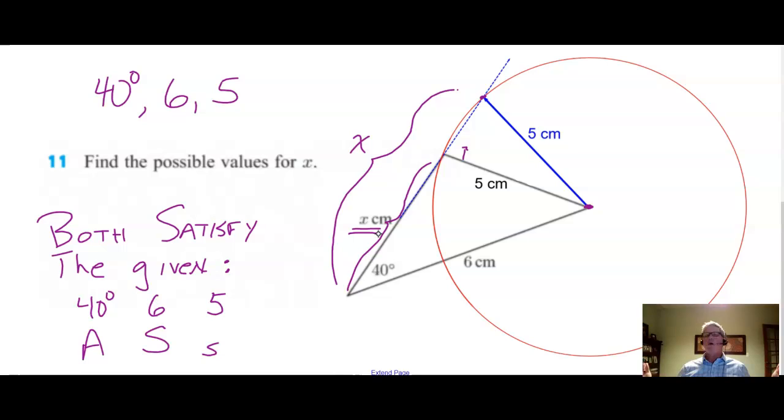And then you're like, oh, I guess there are two possible answers. So that's the nice thing about law of cosines, it's a little bit of work, but it always flushes out in this scenario when you're given angle side side, if there's one or two possible solutions.